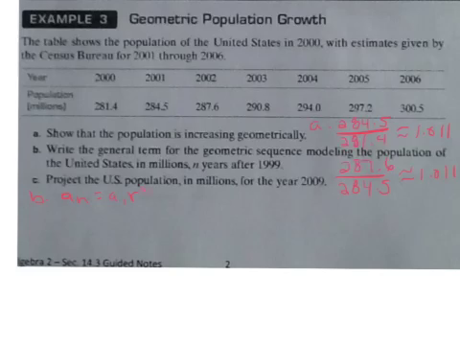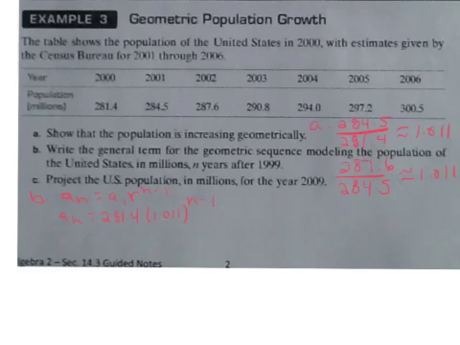And we're going to plug in what we know, and we just want the nth term, so we don't know what n is yet, but we do know the first term is 281.4. And we know the common ratio we just found in part A, that's 1.011. We don't know n, so it's raised to the n minus 1, and there's part B, that's our general term.